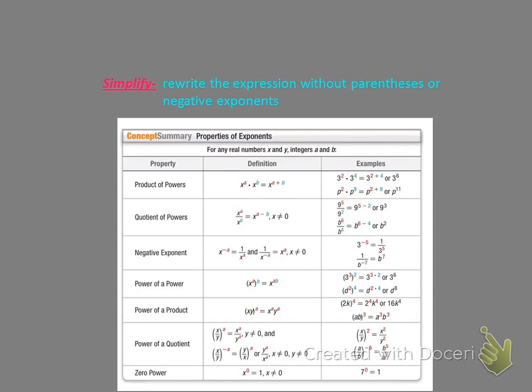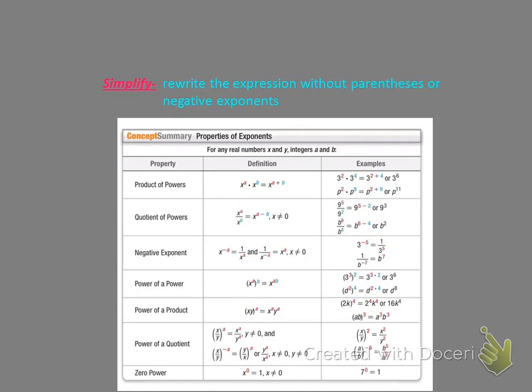Did you guys get the definition for simplifying? Make sure you get that. I did skip over that. Simplify actually has a definition to it. It means rewrite the expression without parentheses or negative exponents. Whenever we are working these problems, those are your main two goals, because the directions are going to be very basic. They're going to say simplify. That's it, so you have to know where to take it from there.